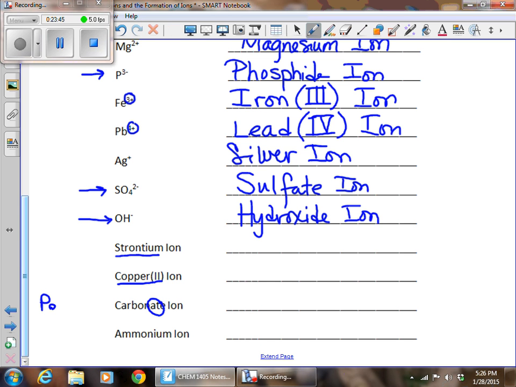This is one of our polyatomic ions. So we're going to have to go to the list to find those, not the periodic chart. The ammonium ion was one of the 3 we circled on the polyatomic ion list that did not end in ate or ite, so we'll have to go to the list to find that one as well. But let's concentrate on strontium first.